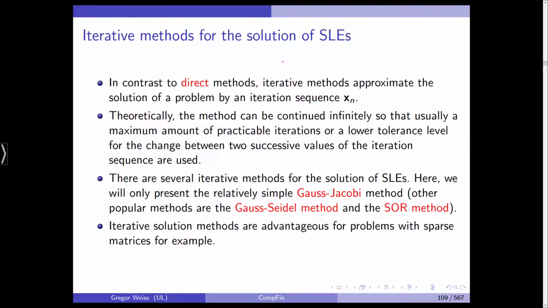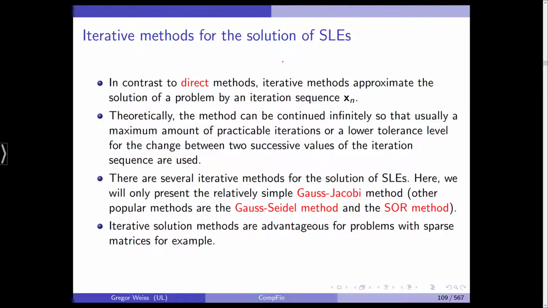Now, iterative solutions for systems of linear equations are particularly advantageous for problems where we have sparse coefficient matrices. For example, in some constellations in production management and supply chain management, we have huge matrices that are sparse, meaning that most of the entries are zero and there are only a few non-zero entries in these coefficient matrices.